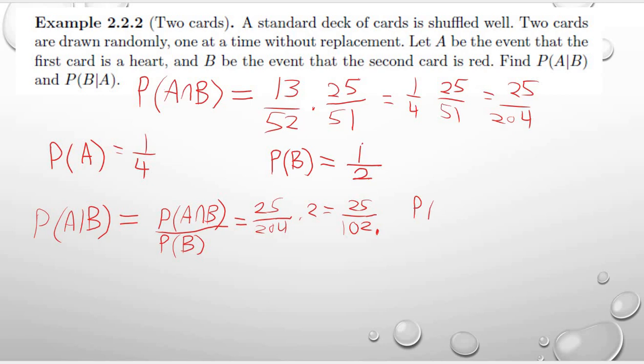And the probability of B given A will be the same numerator. Recall, we can flip the A and B around, but then since the intersection is symmetric, we can flip it back without any cost. And then we'll have divided by the probability of A here.